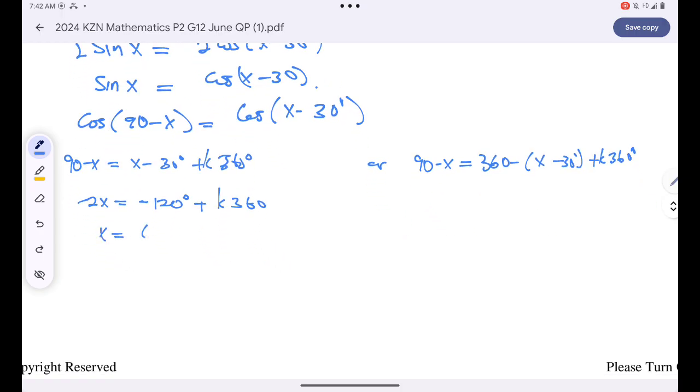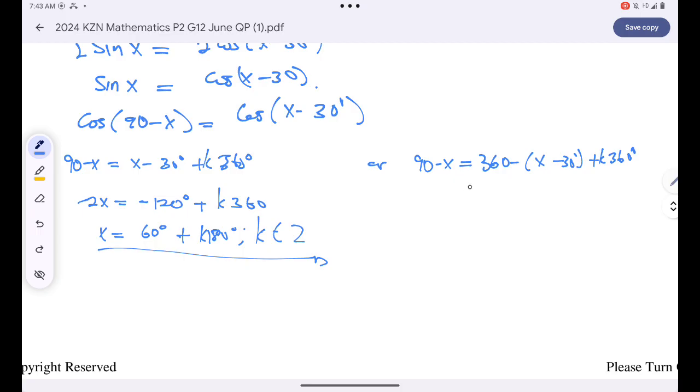Then x will simply be equal to 60 degrees plus k 180 degrees. You don't have to make the period negative, guys. You can leave it as positive. It doesn't matter. So this is the first general solution we have.